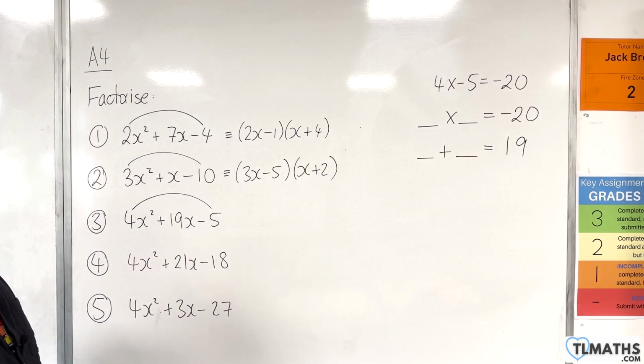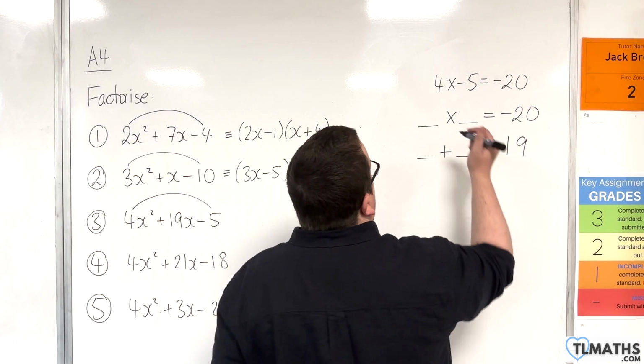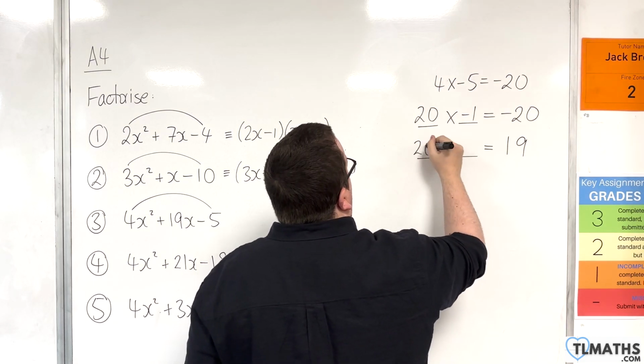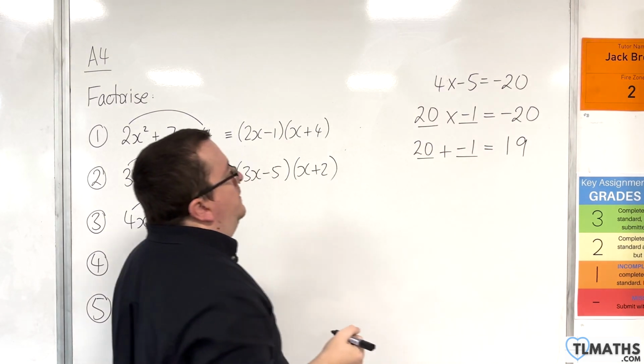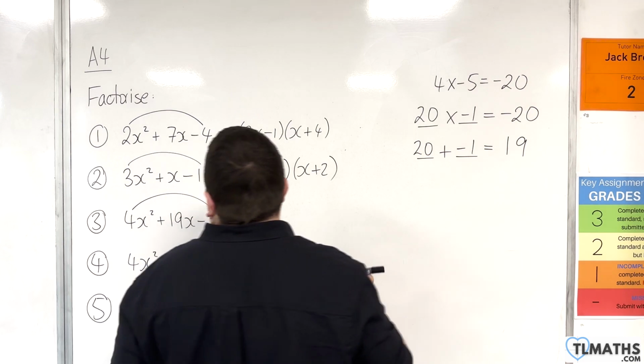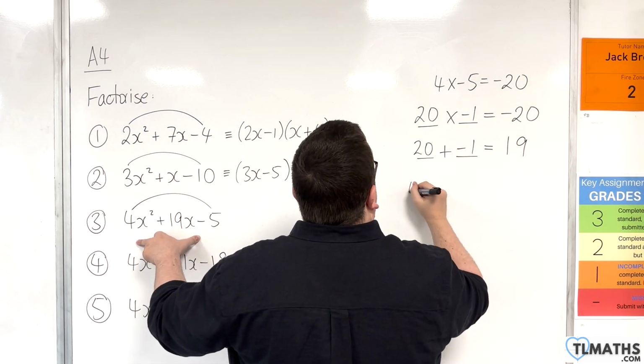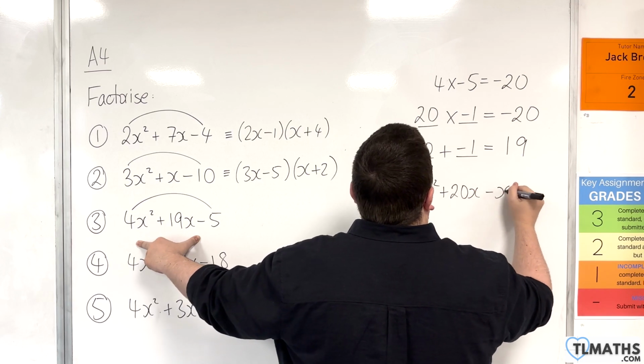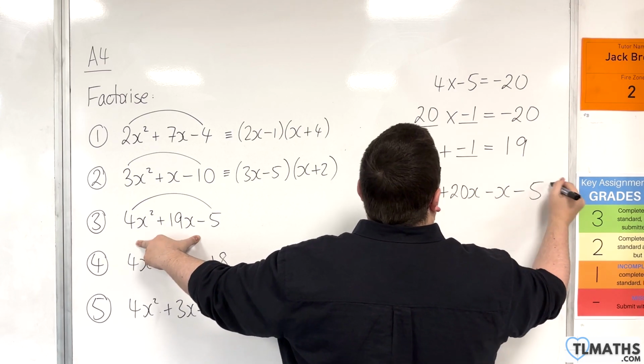Well, 20 and minus 1 in this case, won't it? They'll work. So 20 times minus 1 and 20 plus negative 1. That works out. So 4x squared plus 20x, take away x, take away 5.